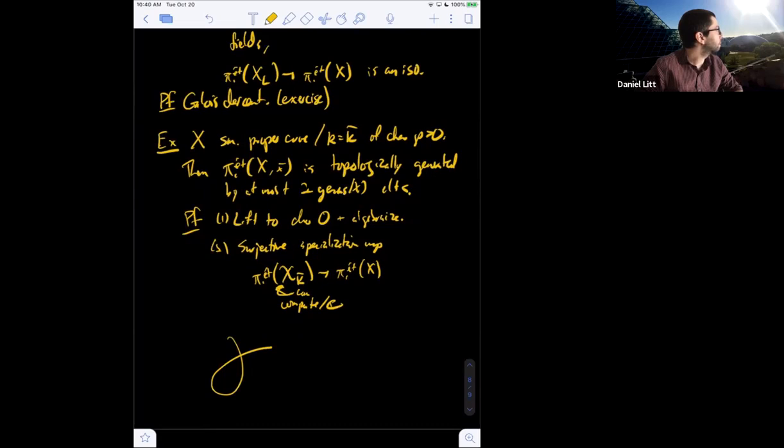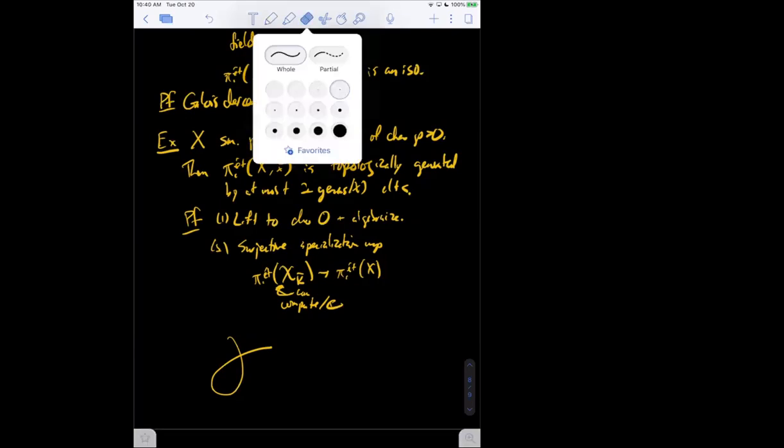Let me think for a minute. Yeah, I think for arithmetic genus, it's still true. In fact, if you're a nodal curve, I think 2G plus the number of nodes will be enough. But this proof, one needs to work a little harder. Okay, thanks.